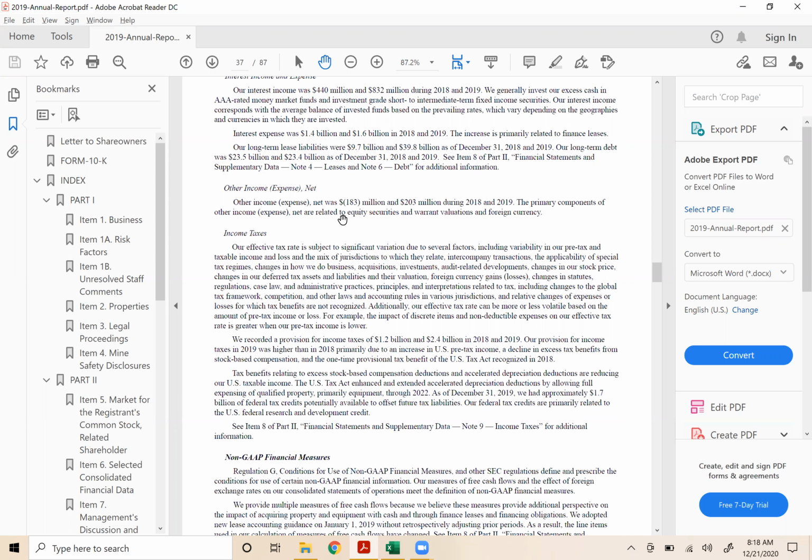So what is this? These are investments that the company has in other companies or securities. A very, very common line item is equity in earnings of unconsolidated affiliates. I talk about this in the Walmart book. So these are investments that this company has. So that's a good clue.